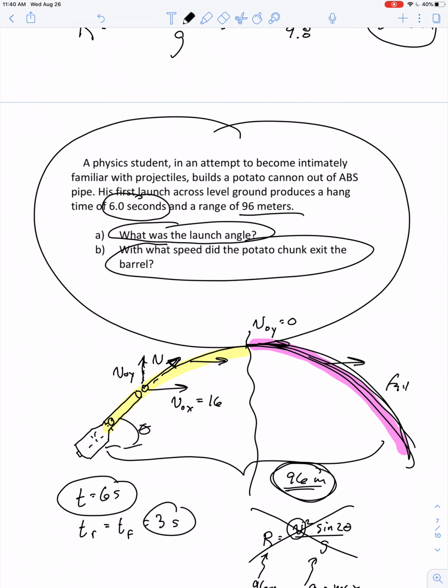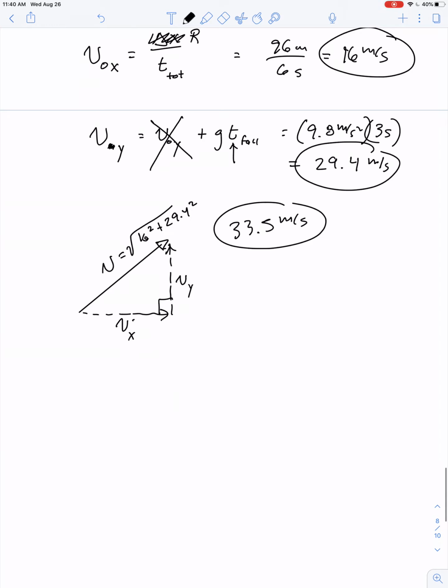Oh, we've answered B before we answered A. We found the speed, we need to find the angle. So to find the angle, SOHCAHTOA, TOA. Tangent equals opposite over adjacent. So the tangent of the angle we're after should be equal to the ratio of 29.4 over 16.